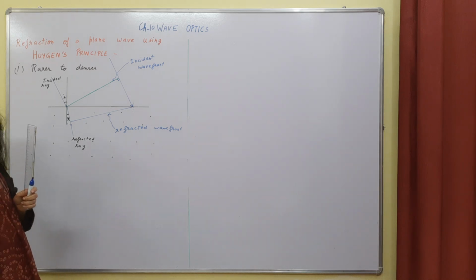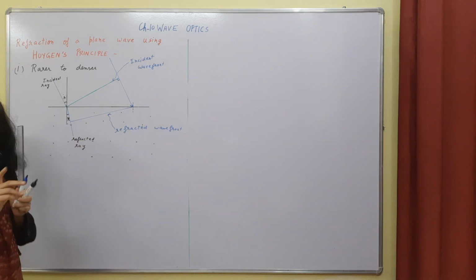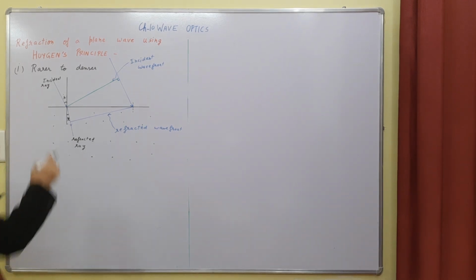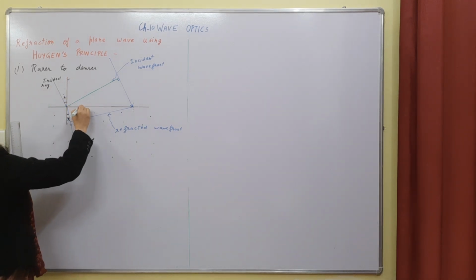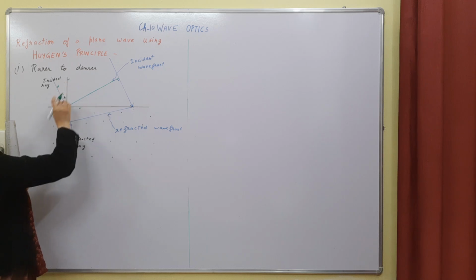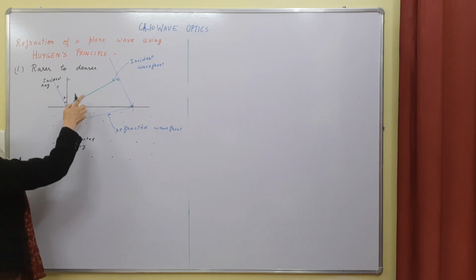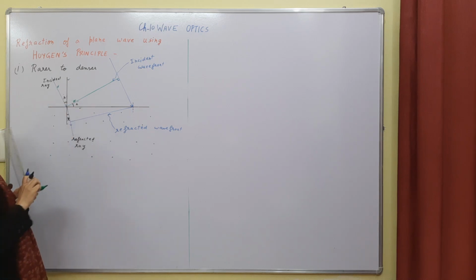The angle between two lines is equal to the angle between their perpendiculars. If we look at this line, its perpendicular is this, and if we look at this line, its perpendicular is this incident wavefront. So the angle between these two is equal to the angle between these two. So this angle will also be angle I.